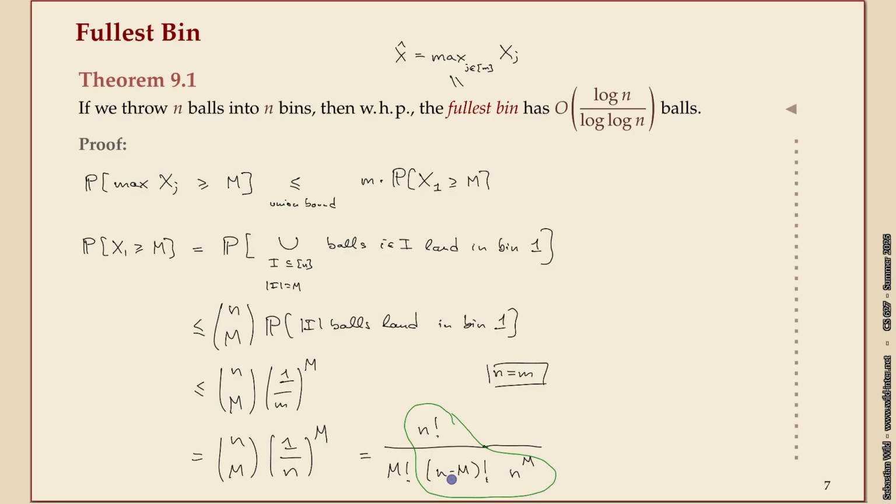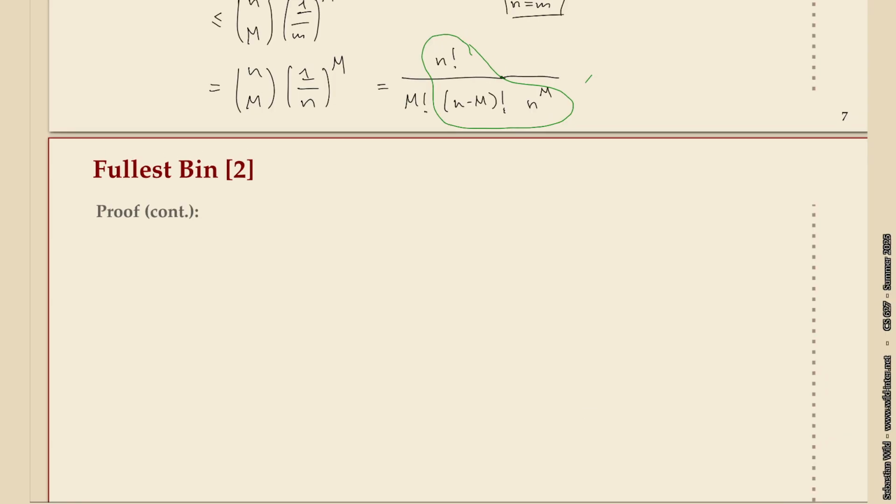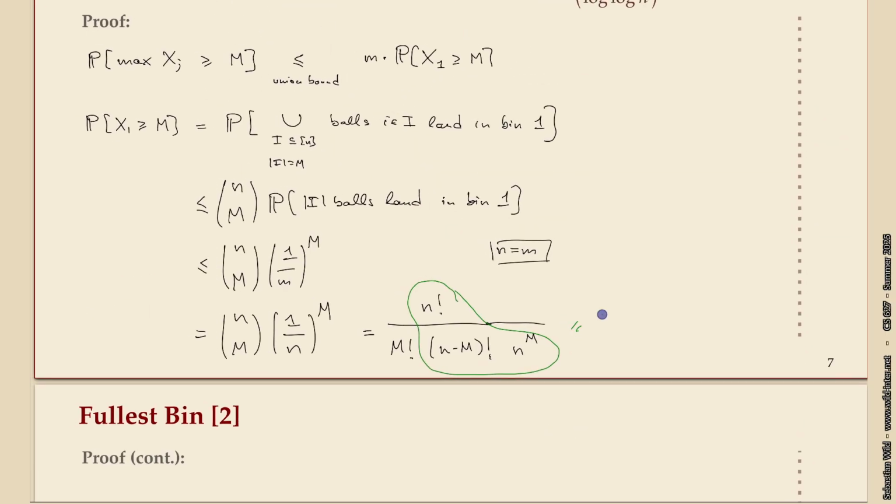There's the same number of terms, and you can match them up. You have n and n, n minus 1 and n, n minus 2 and n, down to n minus m and still n, and then the others are canceling exactly. And if you remember this notation, I might have used at some point, falling factorials.